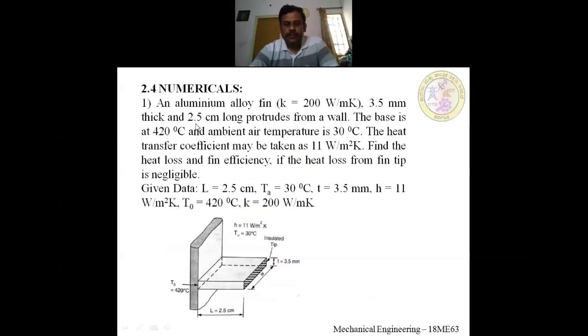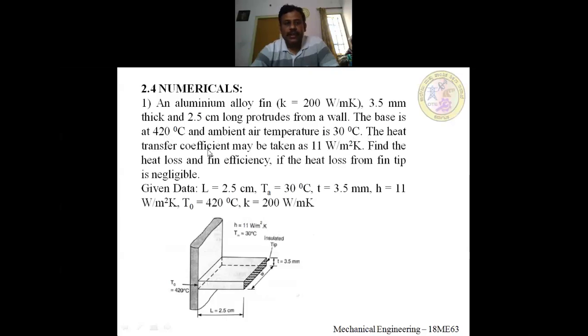In that, the first one: an aluminum alloy fin of thermal conductivity 200 watts per meter Kelvin, 3.5 mm thick and 2.5 centimeter long, protrudes from a wall. The base is at 420 degrees Celsius and ambient air temperature is 30 degrees Celsius.